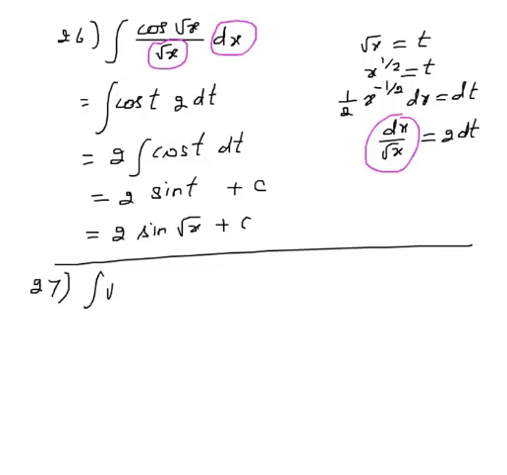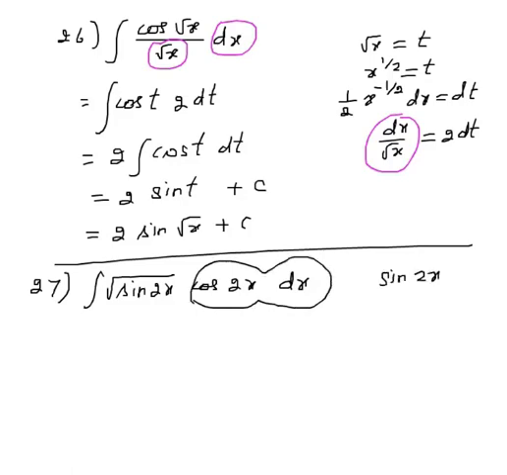Question 27. Integral of root of sine 2x into cos 2x dx. Since we have cos 2x dx, we will substitute sine 2x as t, or we may substitute root of sine 2x as t. We can avoid the fractional power by substituting root as t. Let us remove the root sign by squaring both sides. Differentiate both sides.